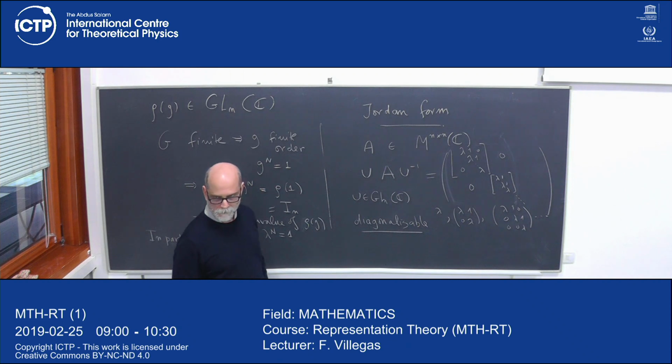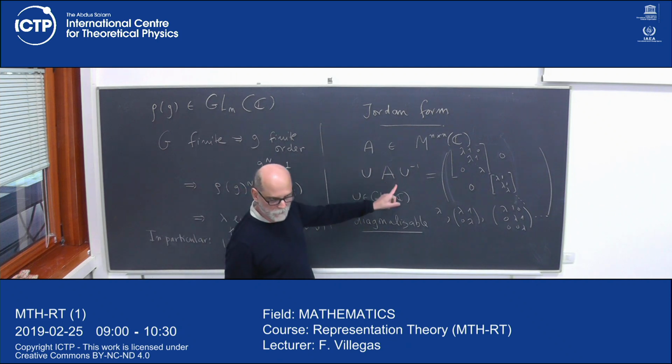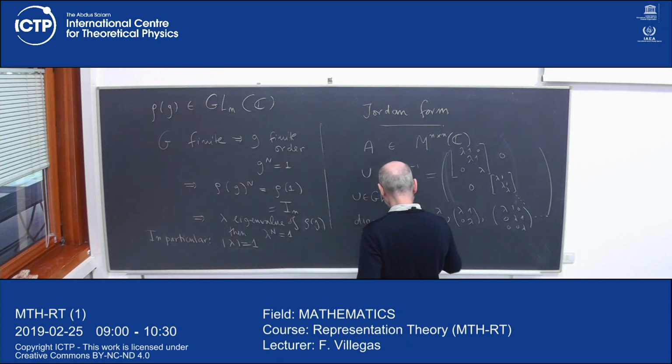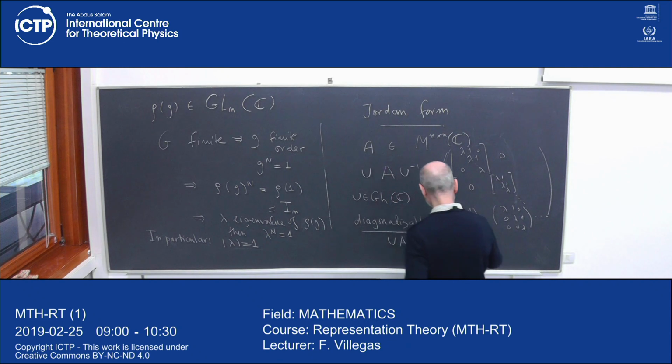Or the change of basis, the conjugation, that makes it diagonal. All of those things are equivalent, but from this point of view, a simple way to say it is that there is a matrix U, a change of basis matrix, that will take A to something which is diagonal.